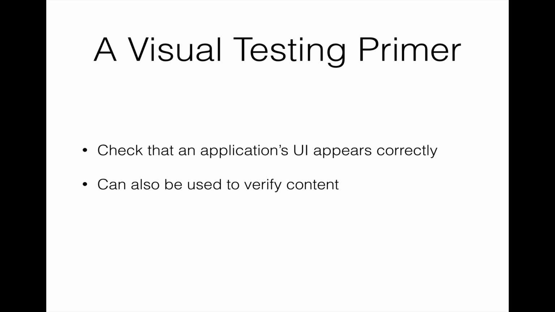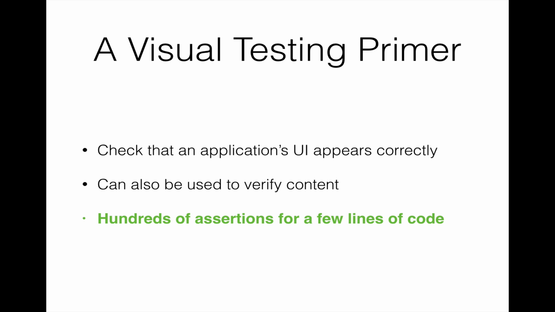So you can also use it to verify complex content, things like charts and graphs, and basically anything that has some sort of really elaborate look and feel to it that would be really hard to verify with traditional automation, just by doing element lookups and things like that.